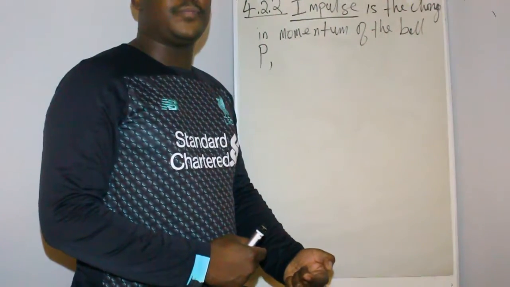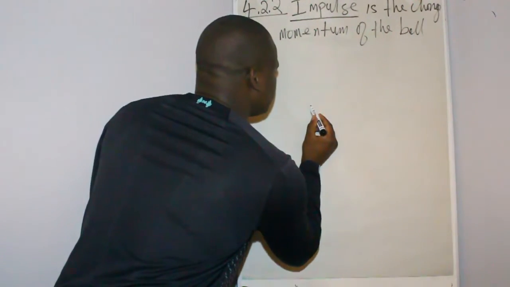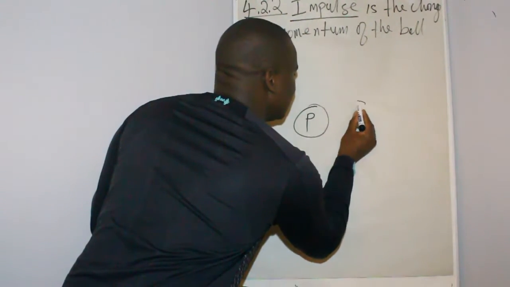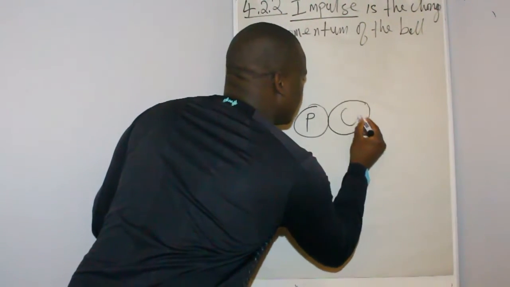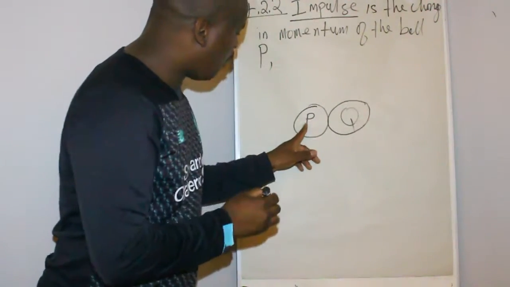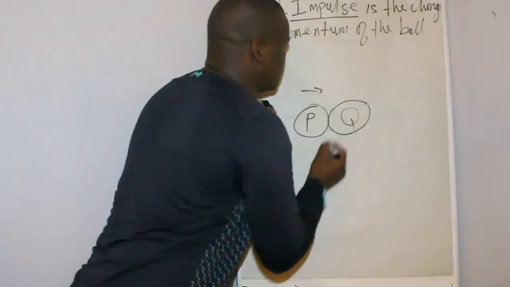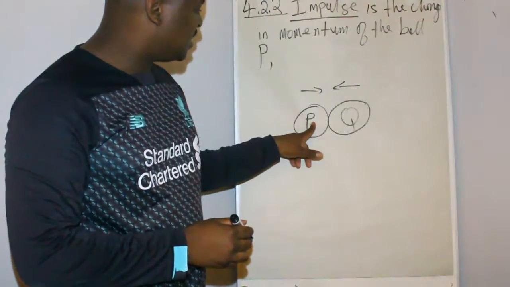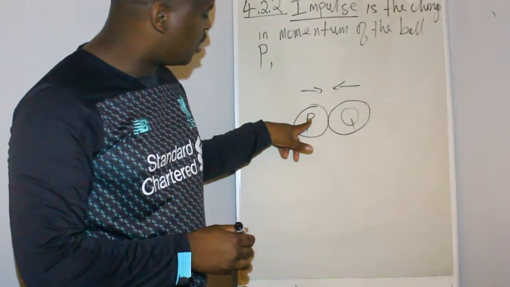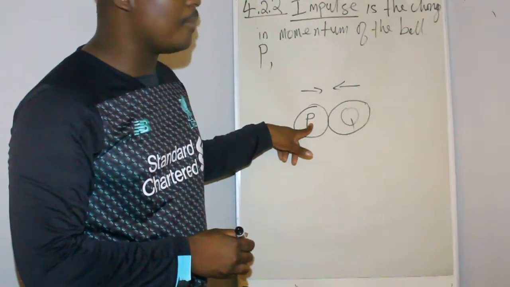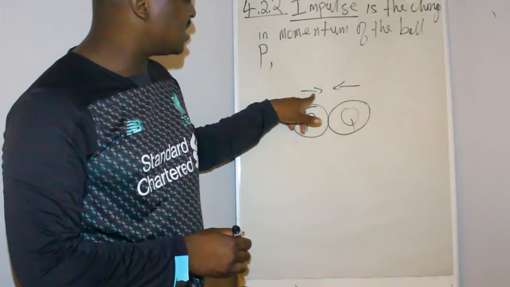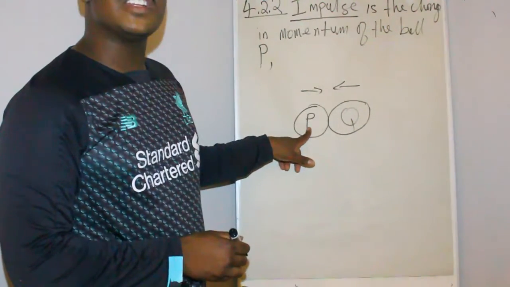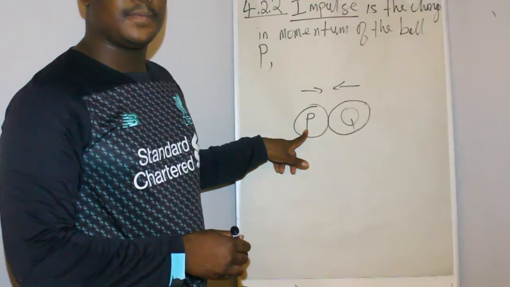So you had ball P colliding with ball Q here. Ball P had momentum going in this direction, and ball Q had momentum going in that direction. After the collision, the momentum of P did change.